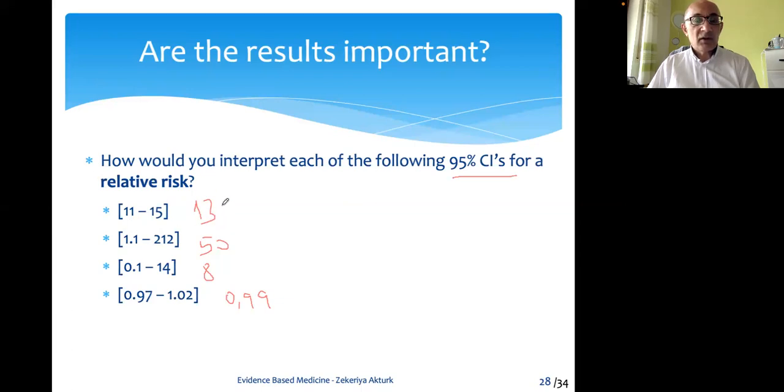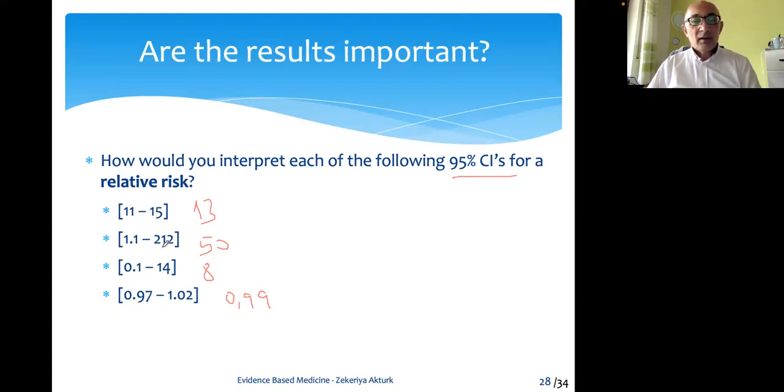What would you say if you look at the confidence intervals? If I have a relative risk of 13 with a confidence interval of 11 to 15, is it reliable? Is it narrow? Or is it wide? I would say it speaks for a more narrow confidence interval. What about this here?